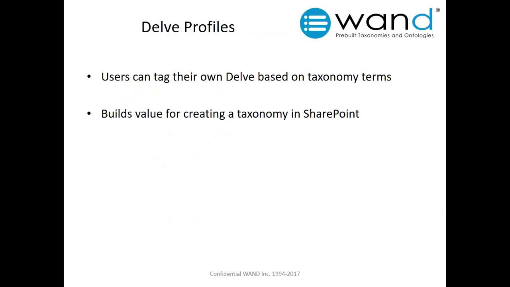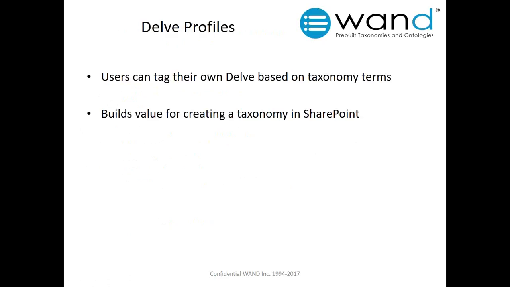The second big update I think is worthwhile to be aware of is the Delve profile. Delve is a feature in SharePoint Online that's designed to really complement search a little bit. Instead of making people search for documents, it uses the concept of a social graph, or Office Graph, to surface content that it thinks might be interesting to users based on interactions with that content.